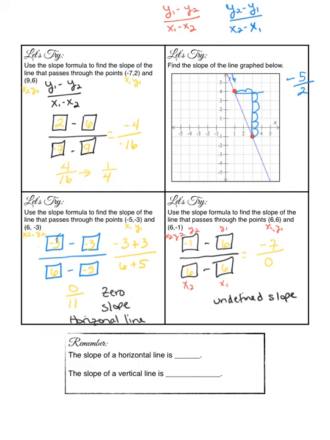It's going to say error. That's an undefined slope because you cannot divide by 0. All right, so remember the slope of a horizontal line is a 0 slope. And the slope of a vertical line is an undefined slope.